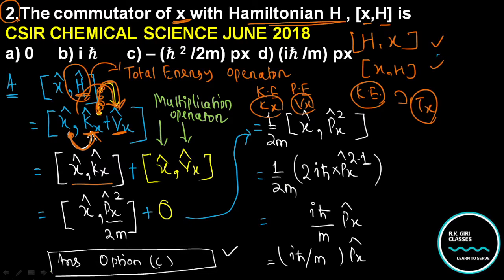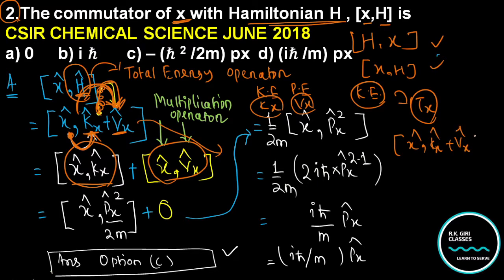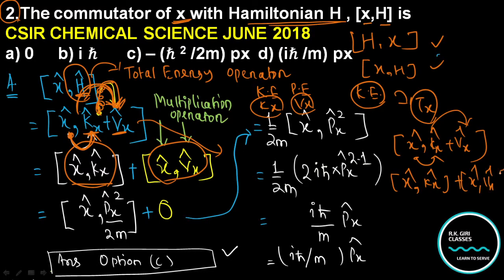This is [x, K] plus [x, V]. Okay, there is something wrong, just ignore it. So it is represented like this: [x, K] plus [x, V]. Now you will have the commutator expression.